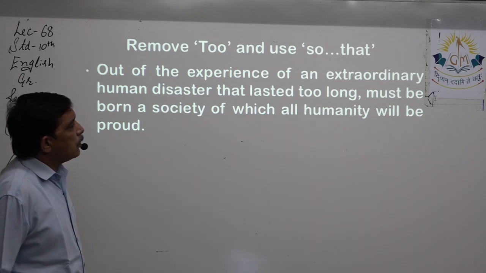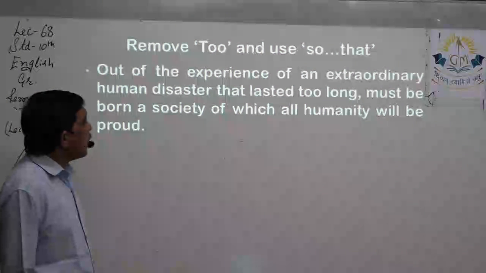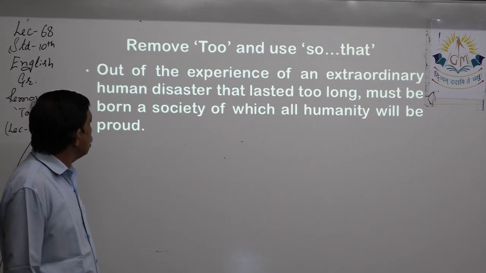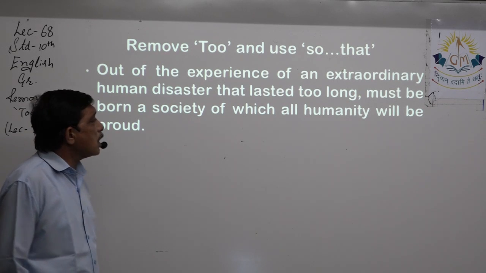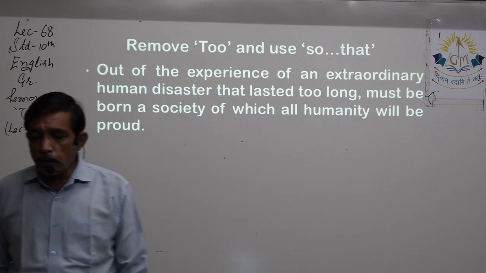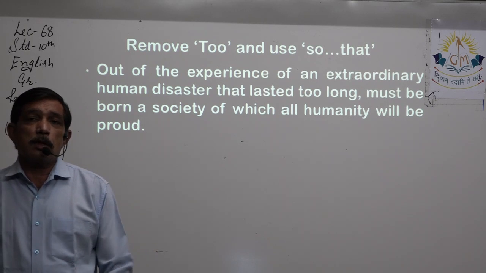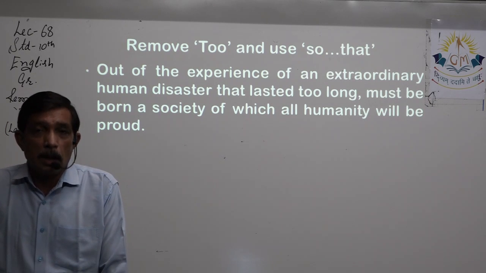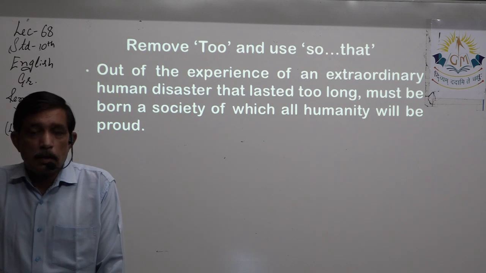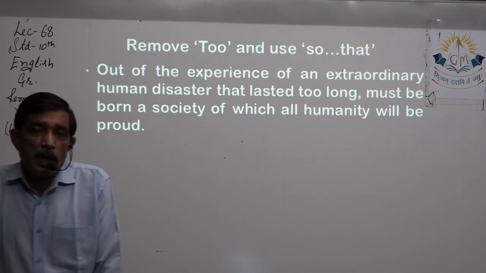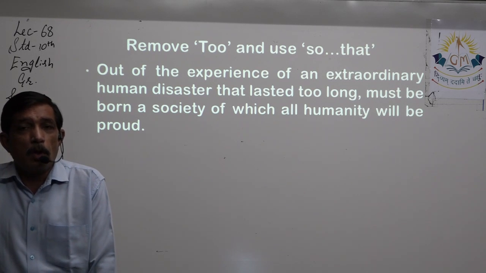Out of the experience of an extraordinary human disaster that lasted too long, must be born a society of which all humanity will be proud. This is from chapter number 2, Nelson Mandela. Right, we know that chapter is quite tough, and grammar will be even tougher.